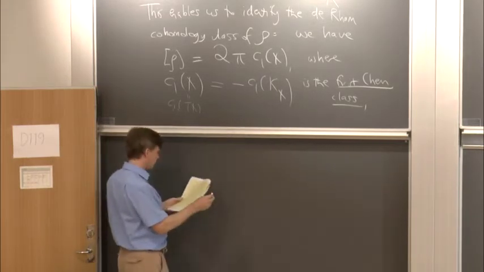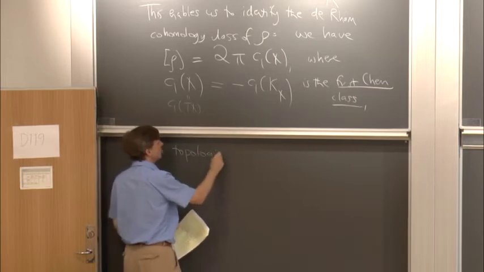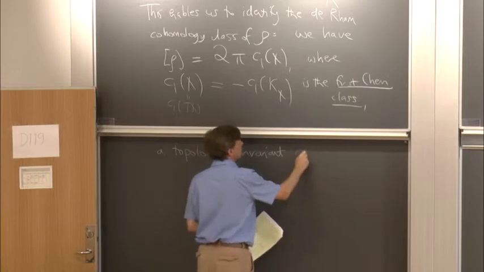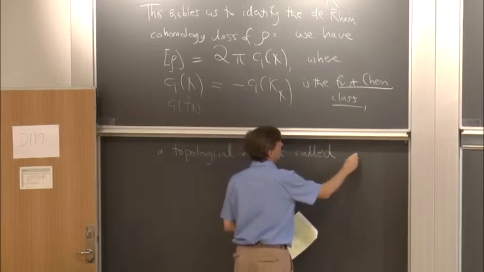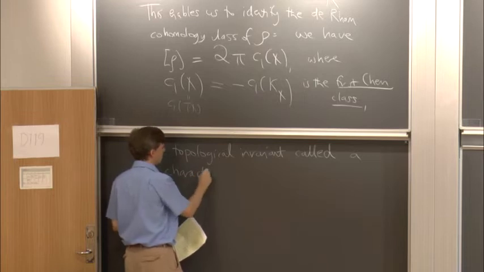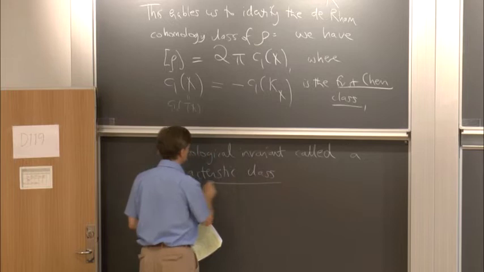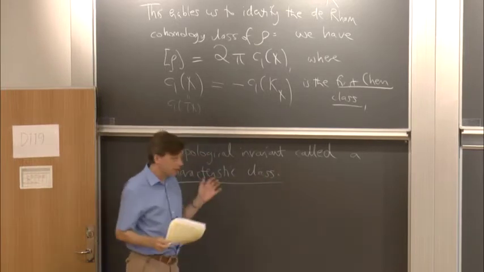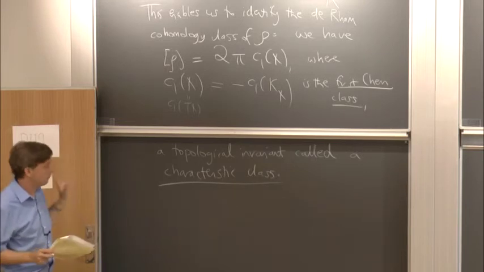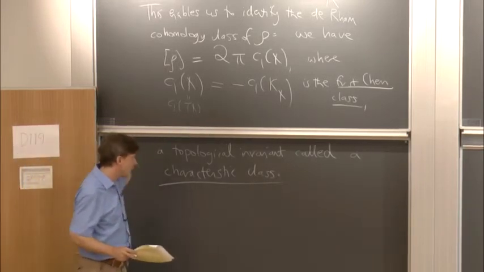Okay, so this is a topological invariant called a characteristic class. Characteristic classes are topological invariants of line bundles and vector bundles which live in cohomology.